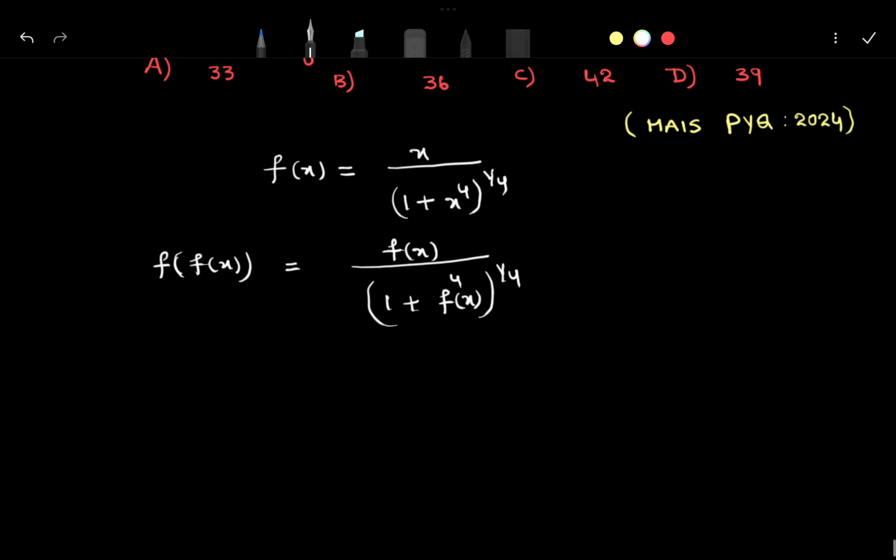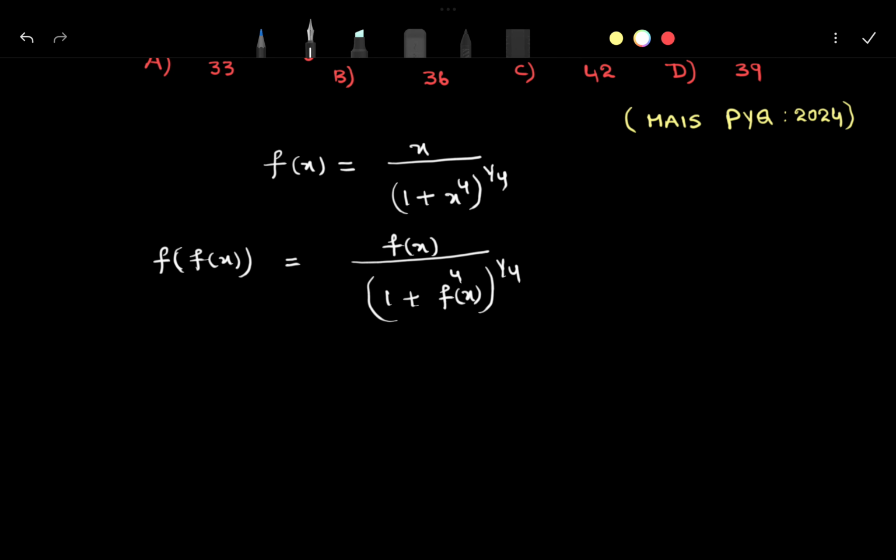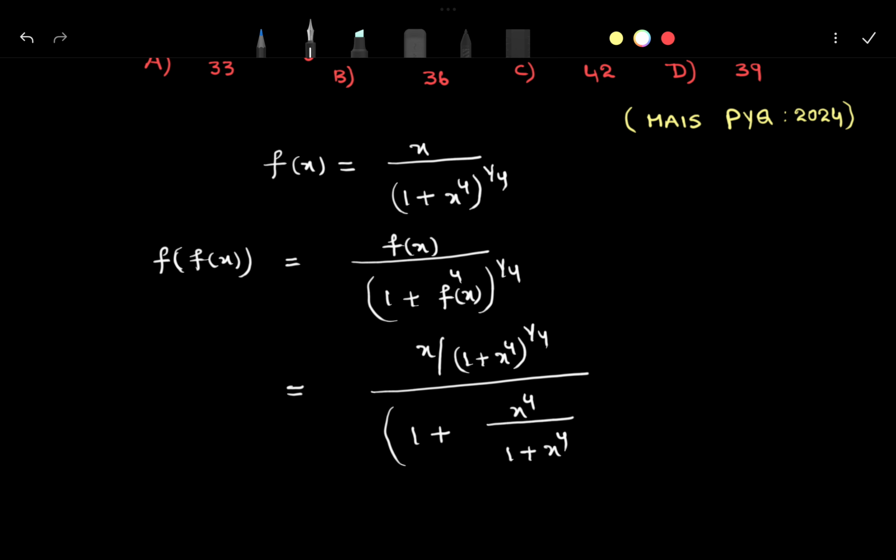Now you substitute that f of x value. So here what is the f of x value? This value will be x divided by (1 plus x to the power of 4) whole to the power of 1 by 4, whole divided by 1 plus, this value will be x to the power of 4 divided by 1 plus x to the power of 4 total, whole to the power of 1 by 4.